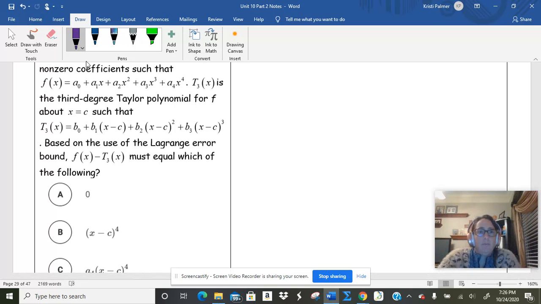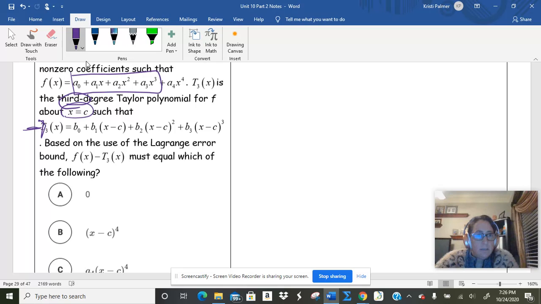So here is f of x, and T sub 3 is a third degree polynomial for f, so it would have stopped right there, the third degree. And so then they said that it's centered at c, and they got it to here, okay?